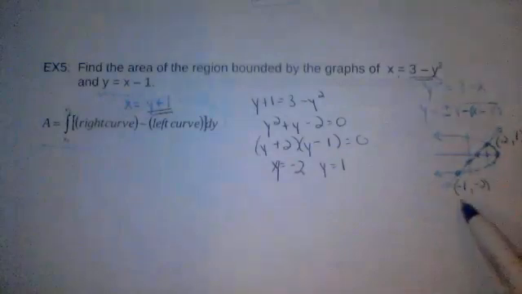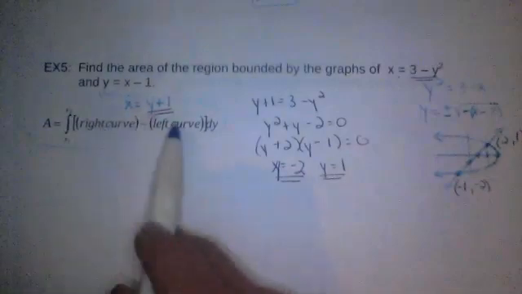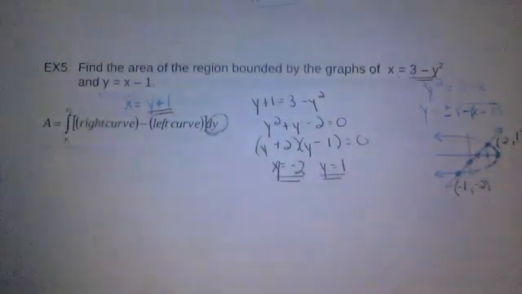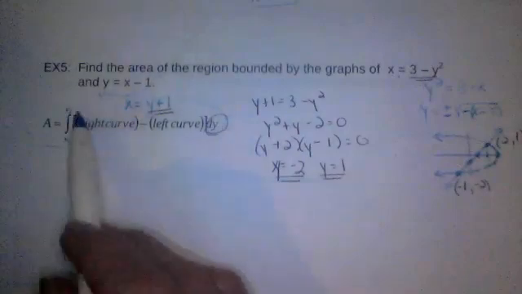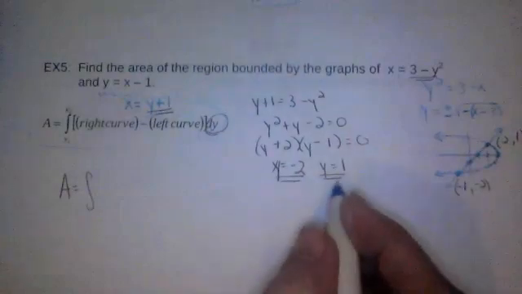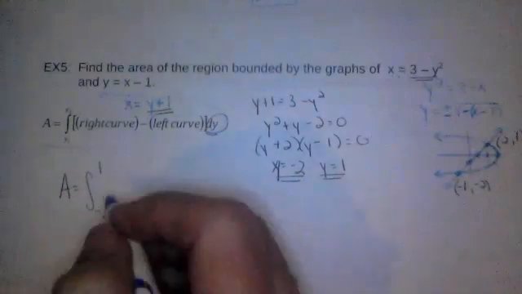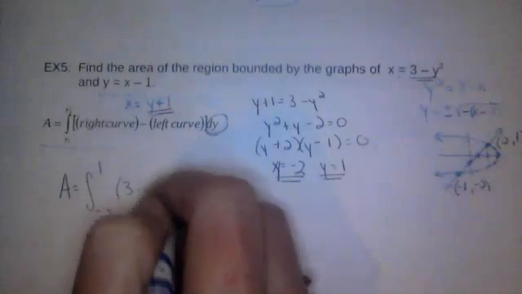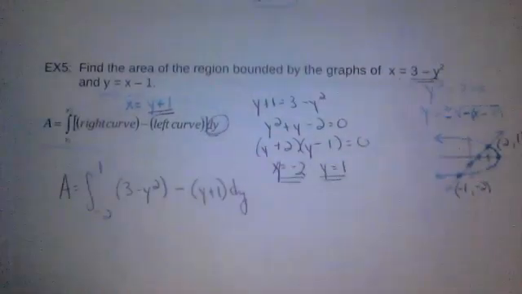All right, so I have these as my 2 points, but since I'm integrating with respect to y, these have to be y values on my integral. I usually do with respect to x, and it's x's. With respect to y, I need to use y's. So this area function would be the integral from negative 2 to 1 of my furthest right function, this 3 minus y squared function, minus the left function, y plus 1, with respect to y.